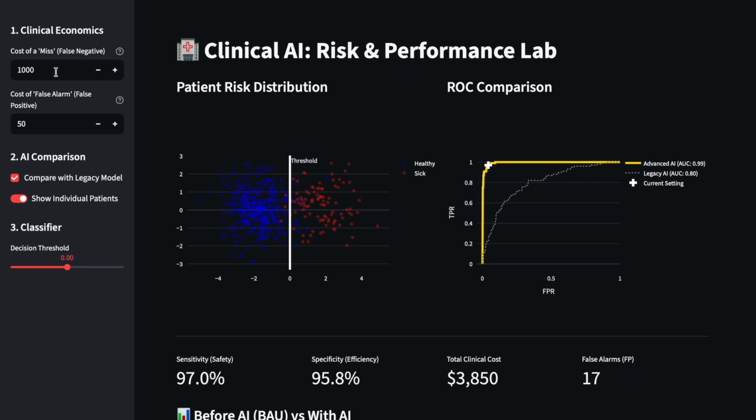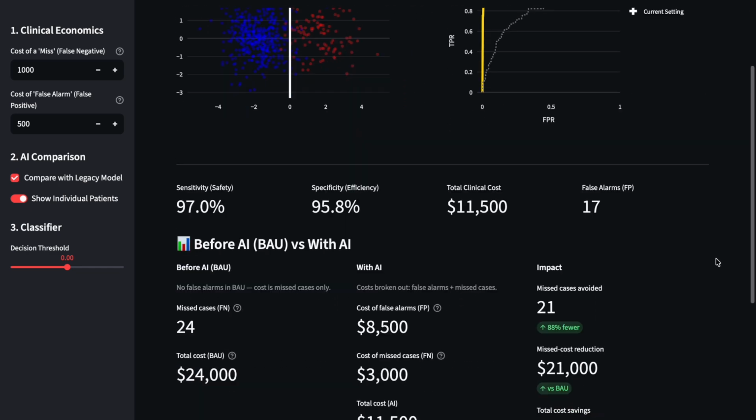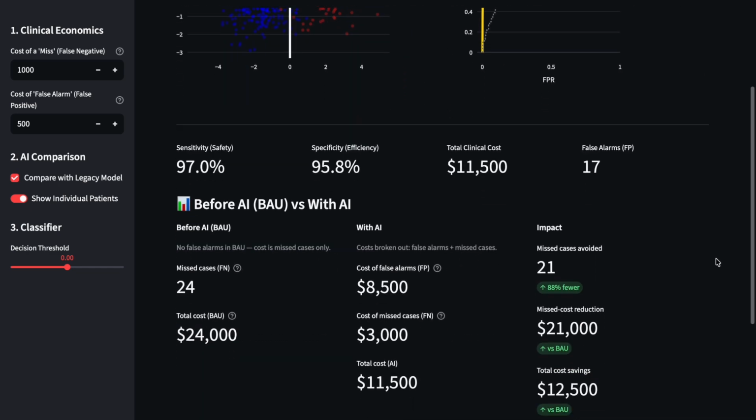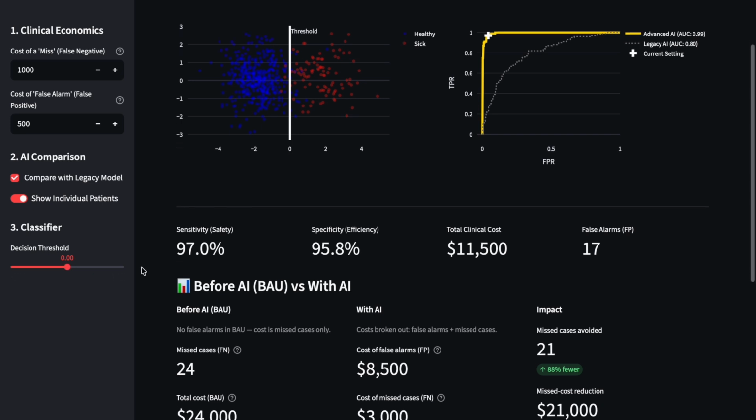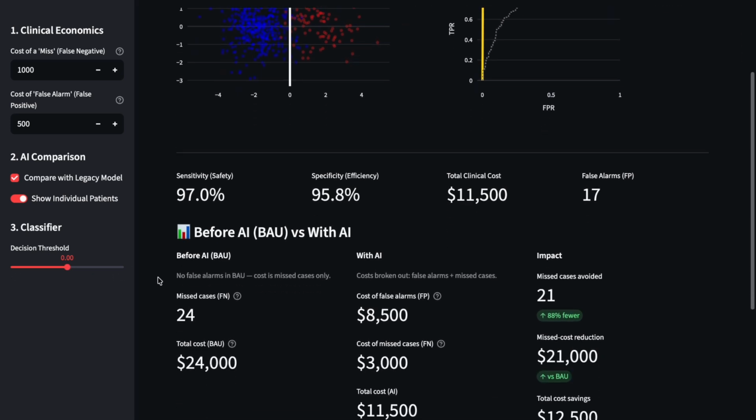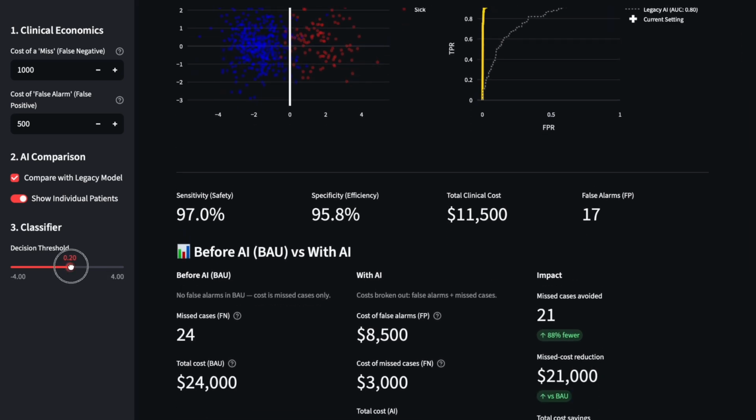Assume we have very low tolerance for false alarm cases. So assume a false alarm costs 500, while a missed case costs 1,000. We already saved much less. Let's try to switch our threshold a little bit.